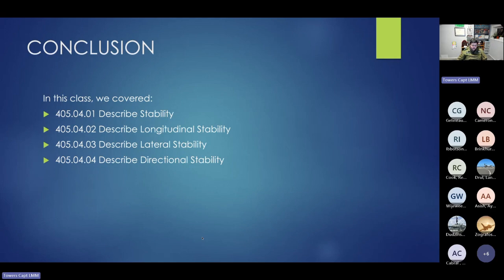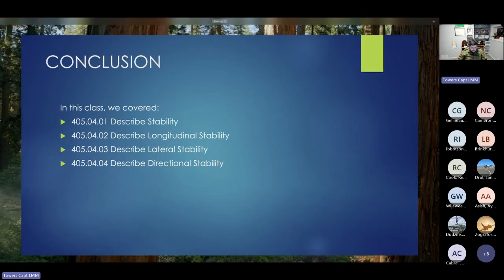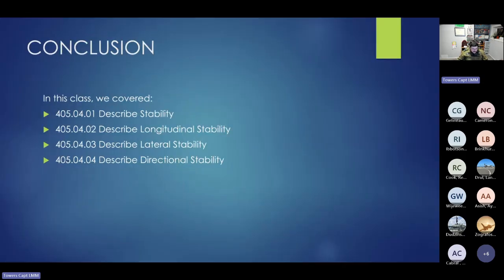The study guides are in the folder, and let me see if I can find that for you. So a million different windows open. Okay, here we go.